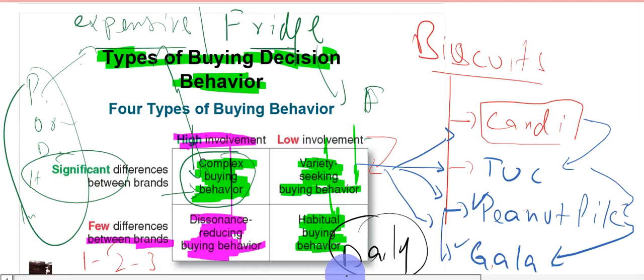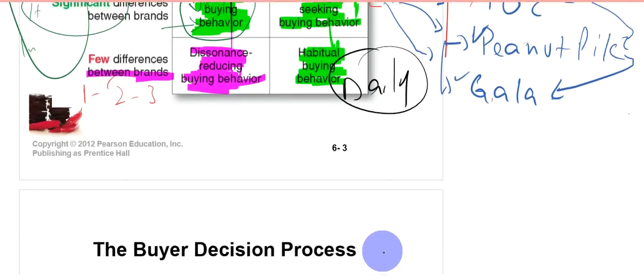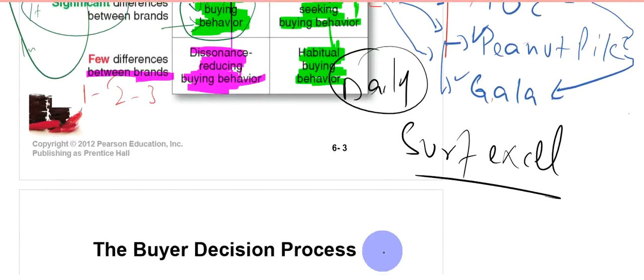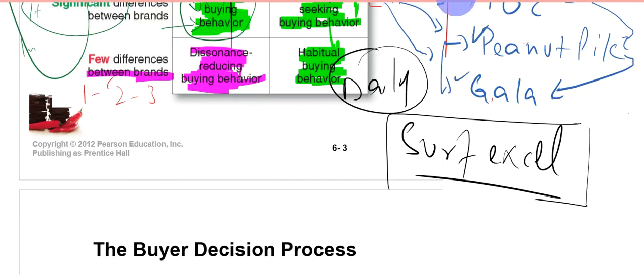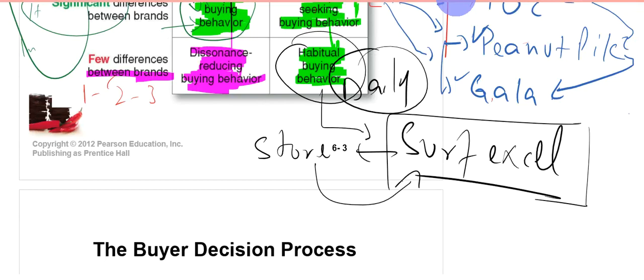For example, a consumer uses Surf Excel for their household consumption. Whenever he goes to the store, he will always purchase Surf Excel, and it will become his habit to purchase Surf Excel.